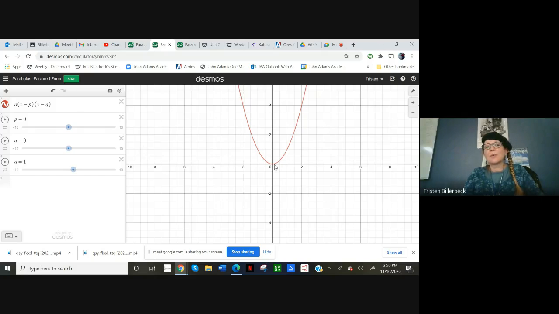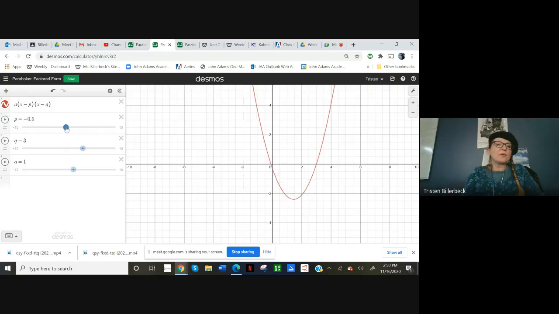And they'd have a double root right there. And a is 1. So basically, this is my parent graph for all parabolas right there. So as I change this root to something else, it gives me a 3, and it's crossing 3 here, but I still have a root at 0 here.